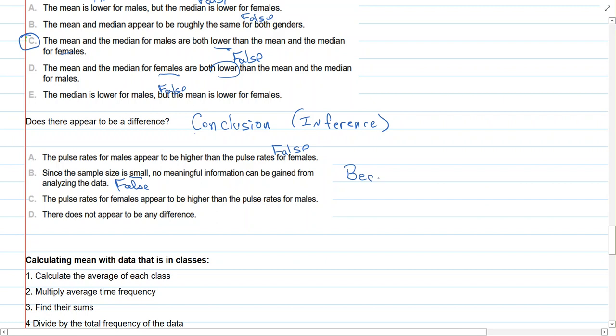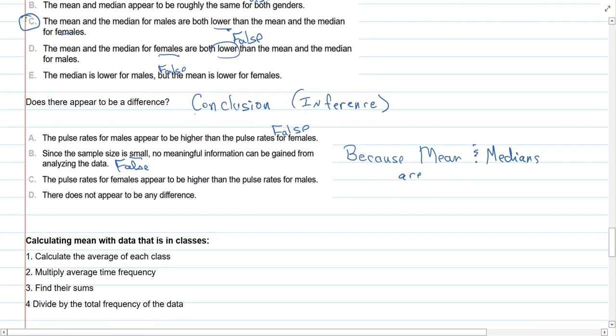Because the mean and medians are relatively the same for each gender. All right, so that one is false. You can't make a statement like that, knowing that the information we got is pretty good.